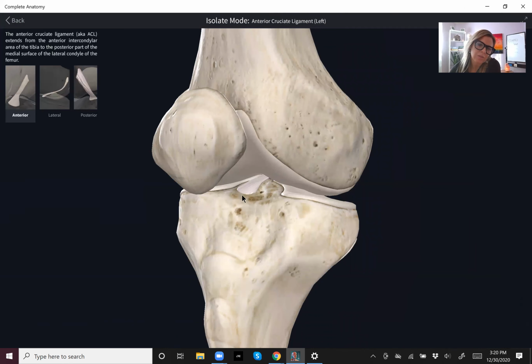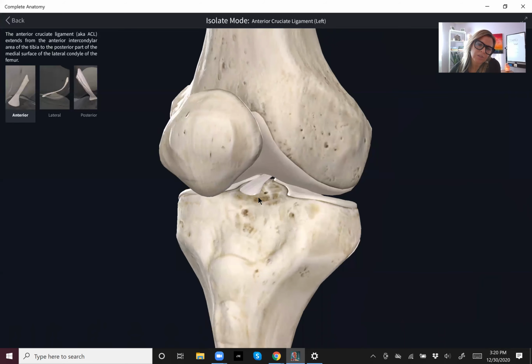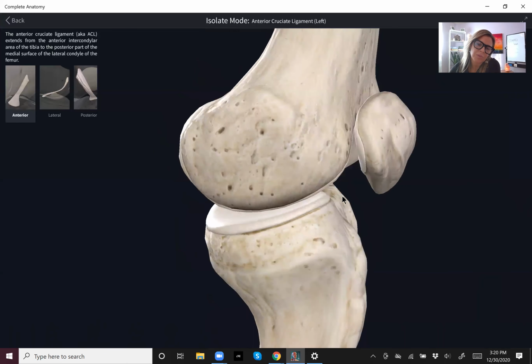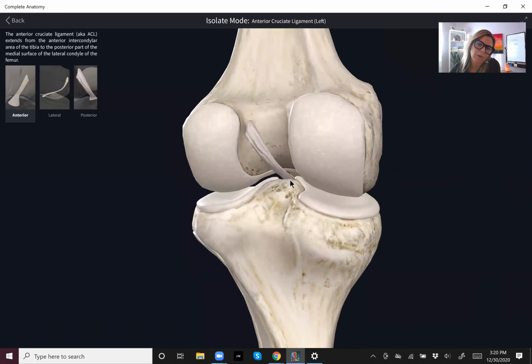So it starts here at the anterior portion of the tibia, and then as we circle around, it runs back and up through to this upper portion of the femur. So this is called the ACL. And there's actually another one that runs back here called the posterior cruciate ligament, the PCL, but we don't have that up.